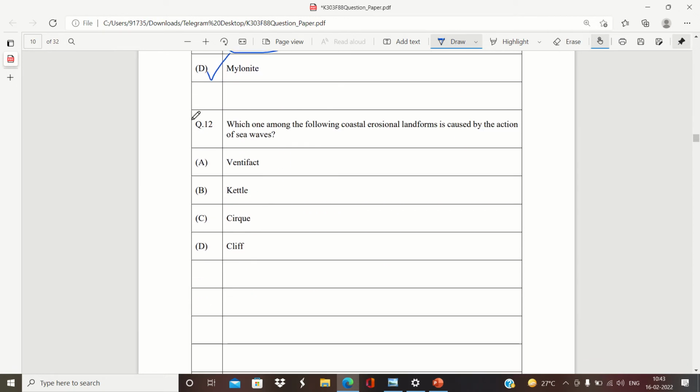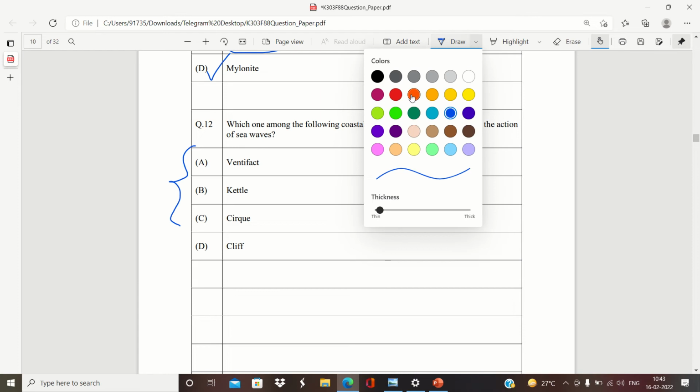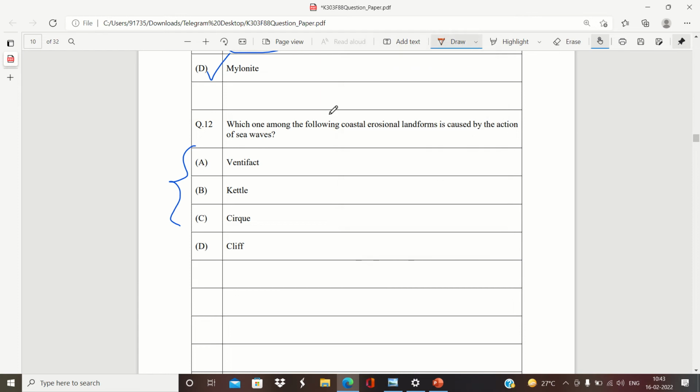Now the next question is, which one among the following coastal erosional landforms is caused by the action of sea waves? This is a very easy question. If you simply know which landform is formed by which agency, you can answer it easily. Ventifact is formed due to the action of wind.